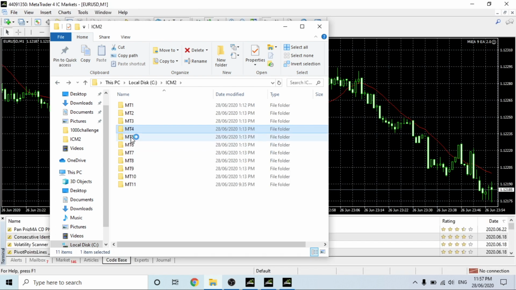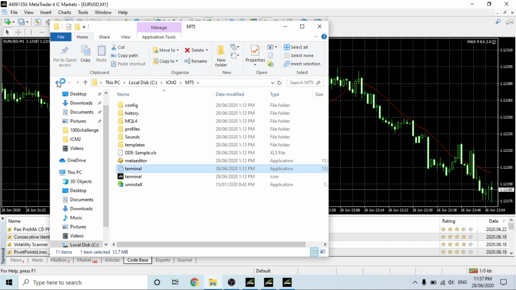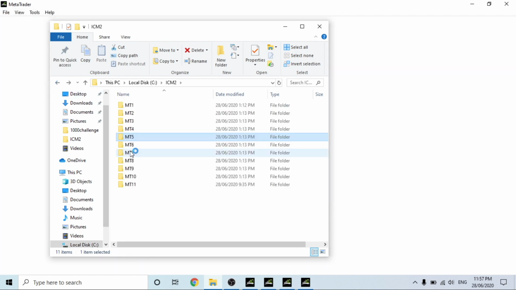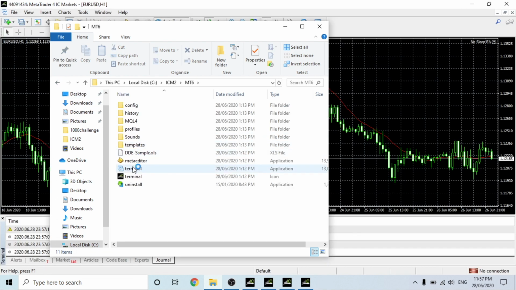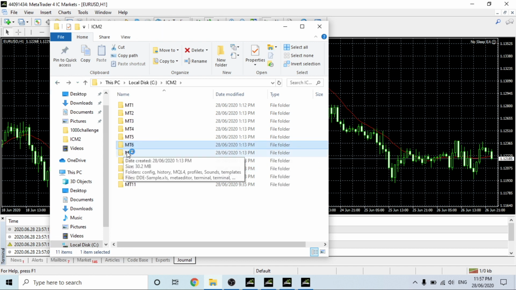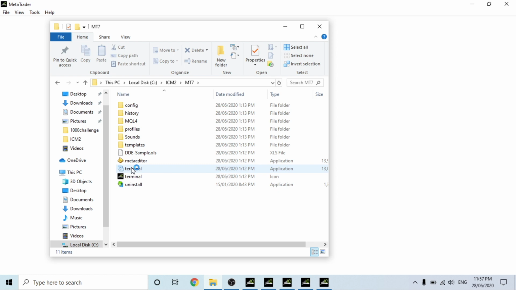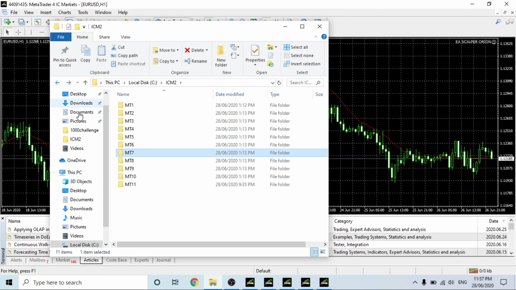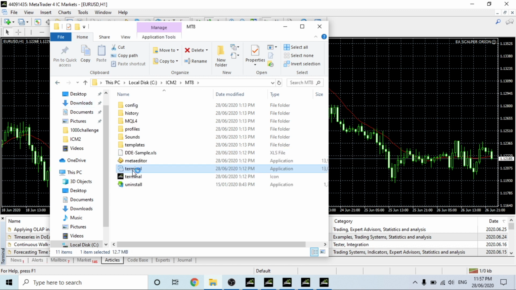What I'm actually going to do is open all these terminals, and then I'll put this laptop to sleep, and when I wake it up in the morning, it will start trading when the market opens. I'm pretty sure the market opens at 7 AM in Australia here. I could be wrong, it could be 8 AM.